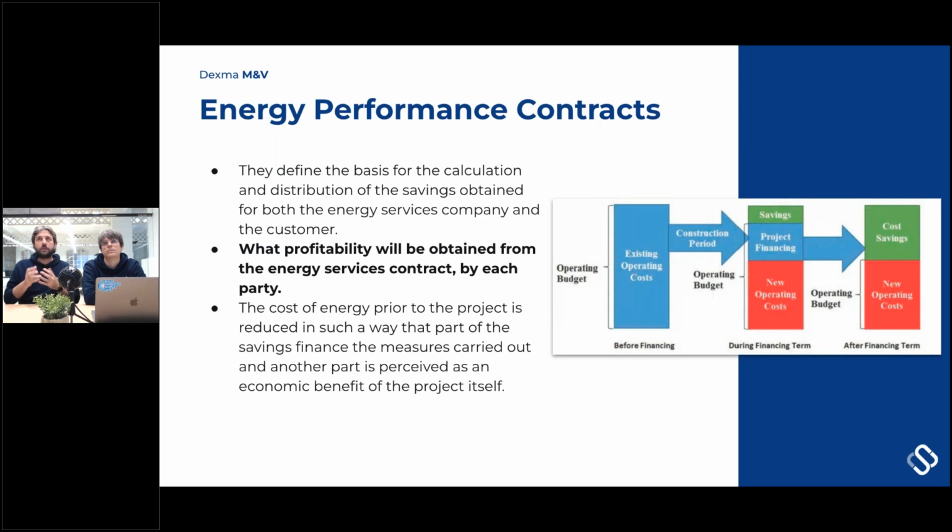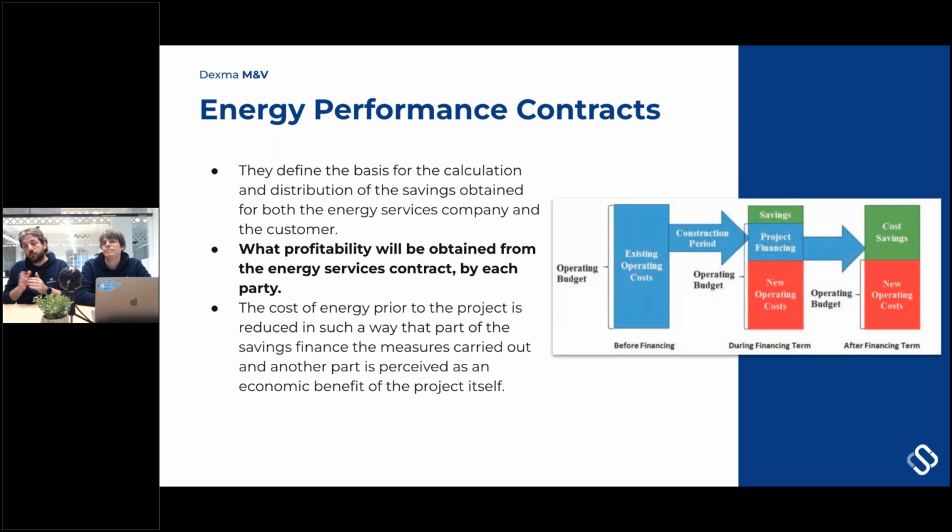Okay, so as you see in the image, we have in blue the existing operating costs, and once we lower them to the red ones, which are the new operating costs after the energy performance measure, we have a part in blue that goes to financing the measures we have invested in, okay, and the rest is for the savings, let's say.